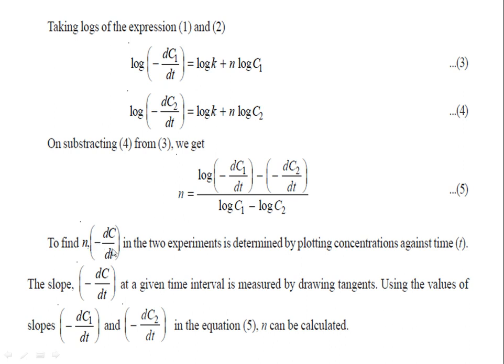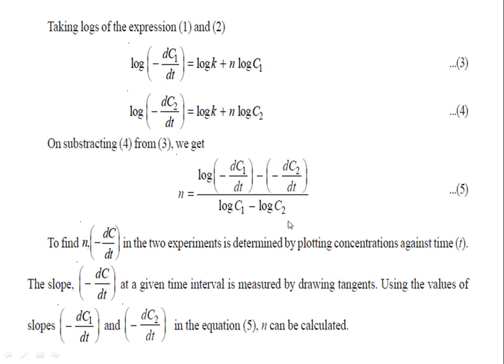To find n, minus dC upon dt in the two experiments is determined by plotting concentration against time. The slope, minus dC upon dt, at a given time interval is measured by drawing tangents. Using the values of the slopes dC1 upon dt and dC2 upon dt, equation 5 can be substituted, and we get the order of reaction, that is n, because we know C1 and C2.